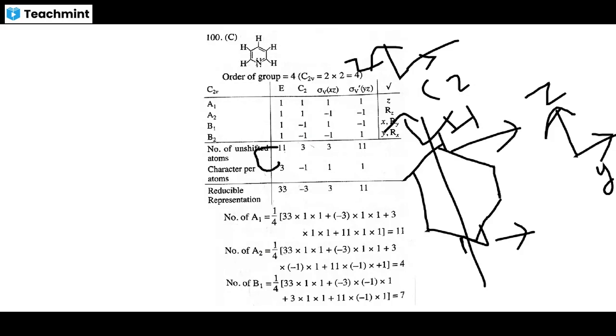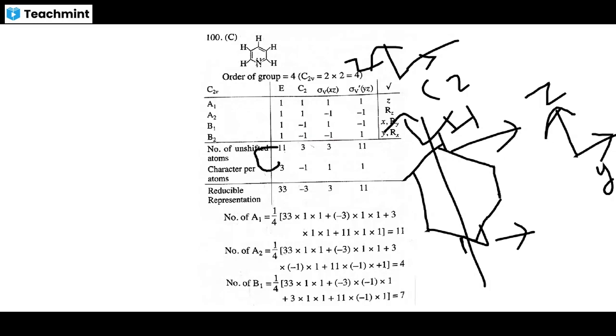Then using the reduction formula, the formula is simple. First you should take A1. Number of A1 is 1 by the order of the group, which is 4. There are 4 symmetry elements, therefore the order of the group is 4.